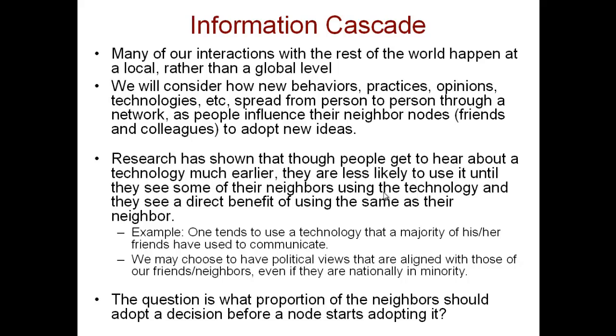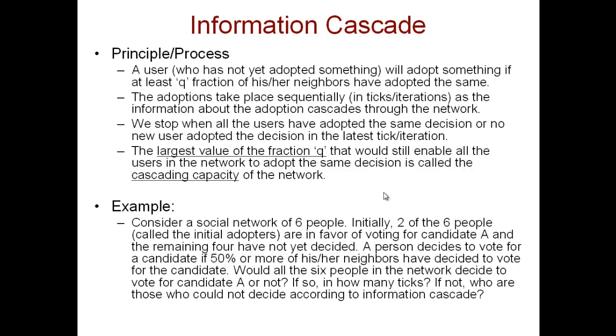The critical thing is what proportion of your neighbors should adopt a decision before you start adopting the same. So the process we are going to go through is this. Given some initial adopters, a user will adopt the same if at least a q fraction of his or her neighbors are adopting the same. The adoptions take place sequentially in what are called ticks or iterations as information about the adoption cascades through the network.